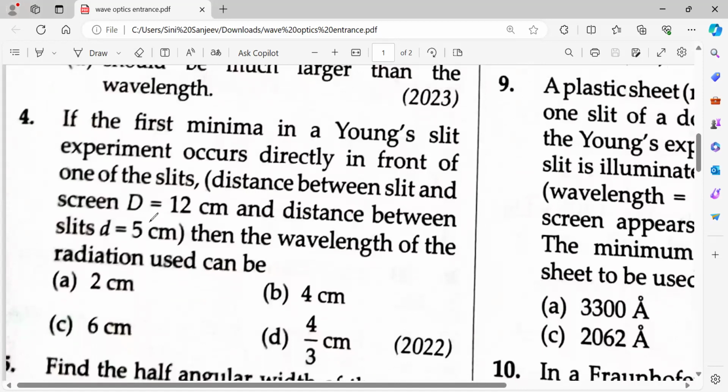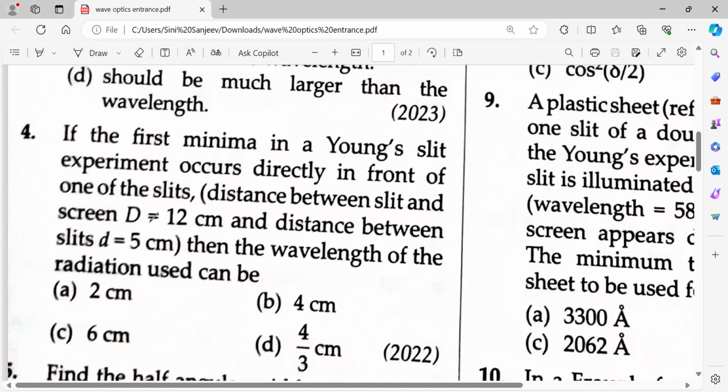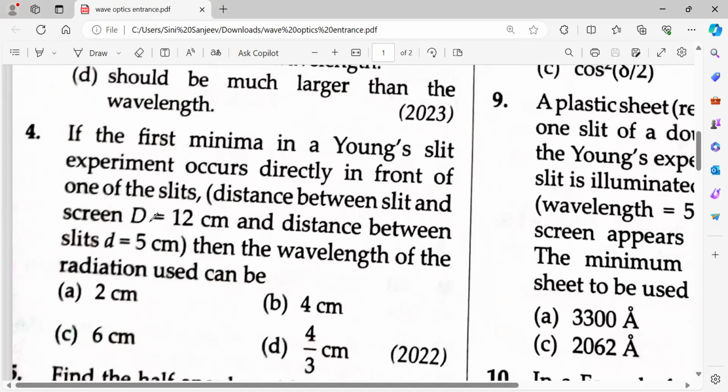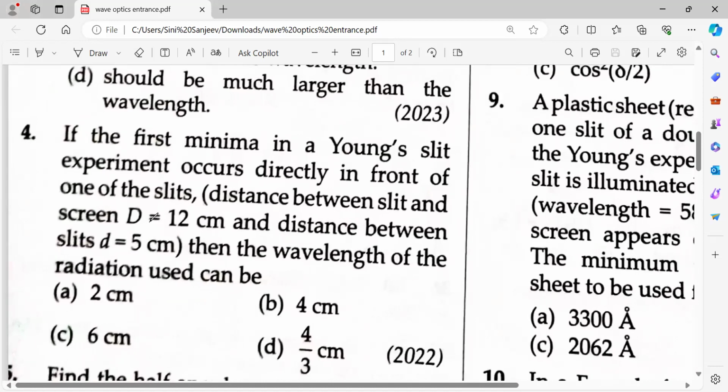Next one. I think this is something on Young's double slit experiment. If you don't know this thing, let me know now only in the chat.